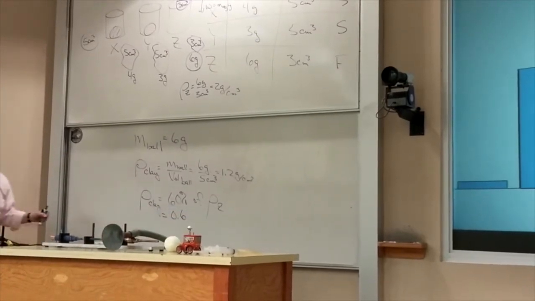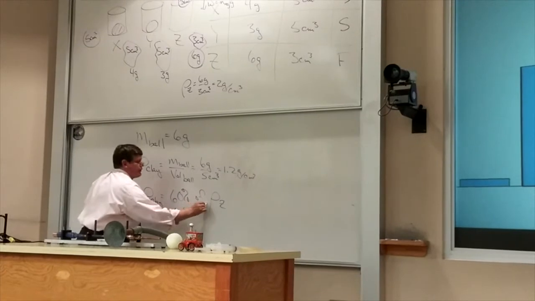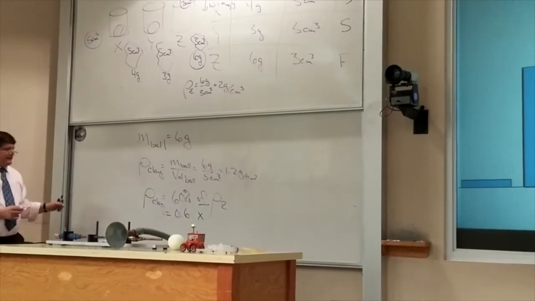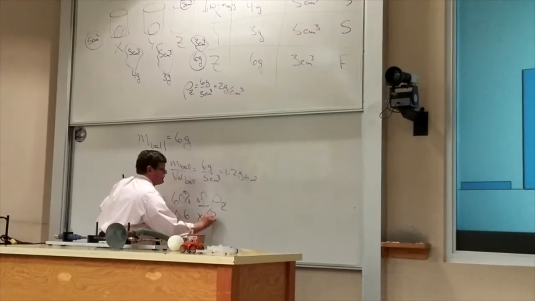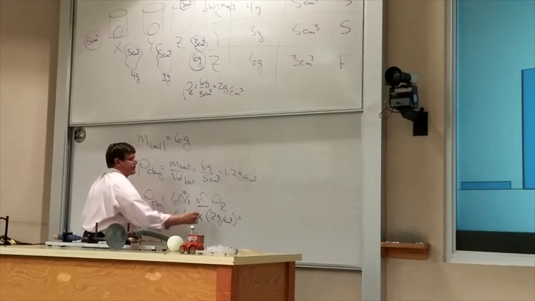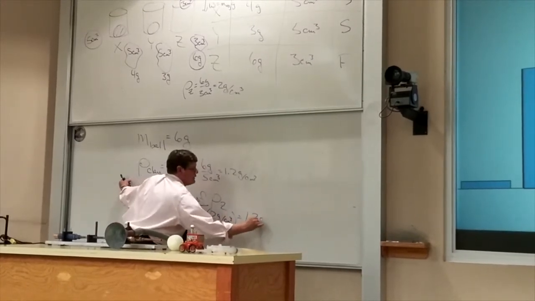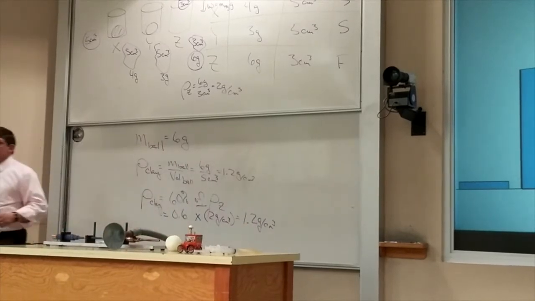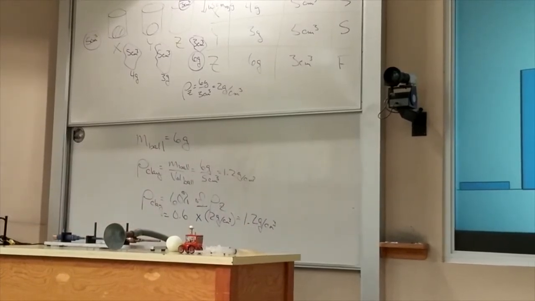That's 0.6. And anytime you see the word of, that means multiply. And the density of Z, we just said, is 2 grams per centimeter cubed, and that's 0.6 times 2 is 1.2 grams per centimeter cubed. So I can work that 2 different ways.